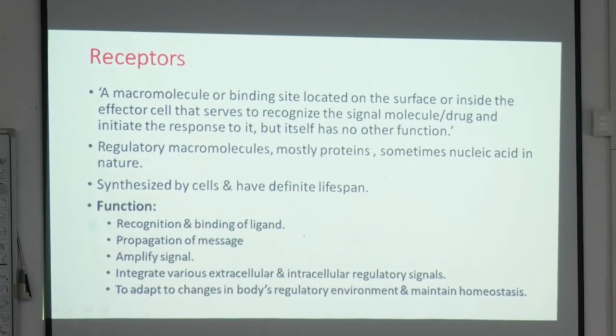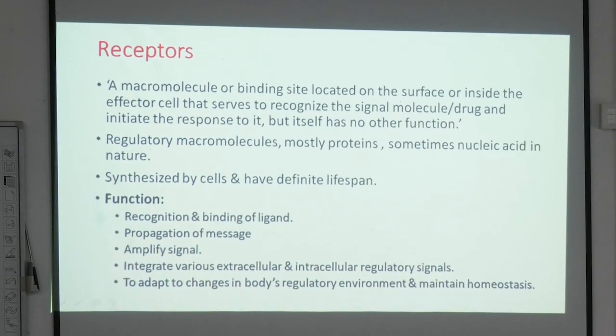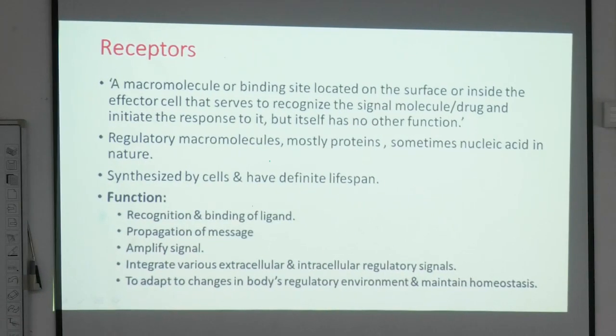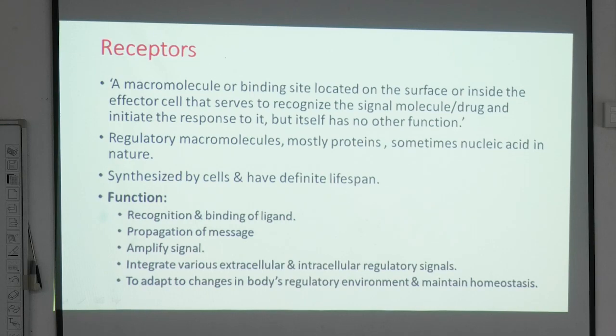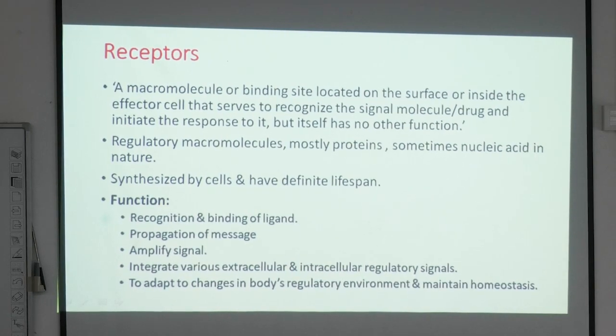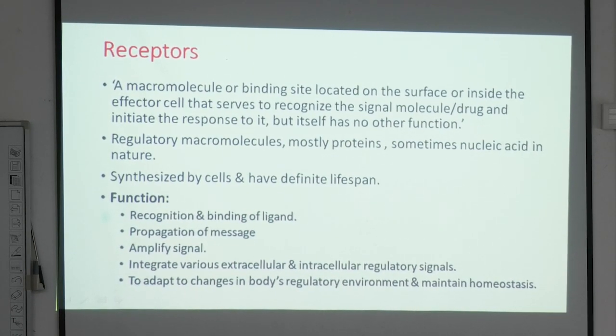The next mechanism is by the help of receptors. This is a major part of pharmacodynamics. How is a drug producing an effect in a cell? It is mainly with the help of the receptors. What is the receptor? A macromolecule or binding site that is located on the surface or inside the cell.